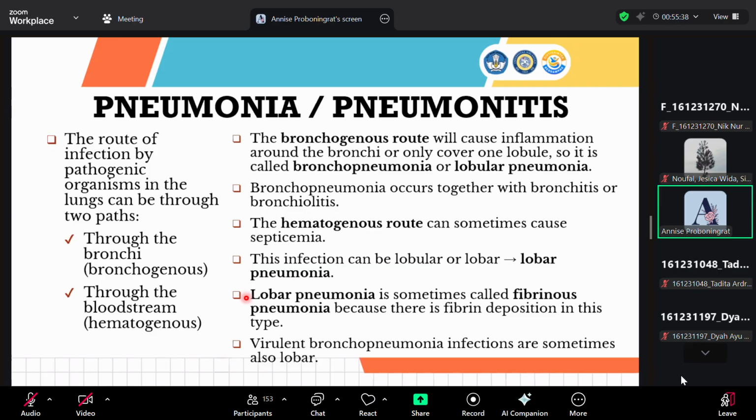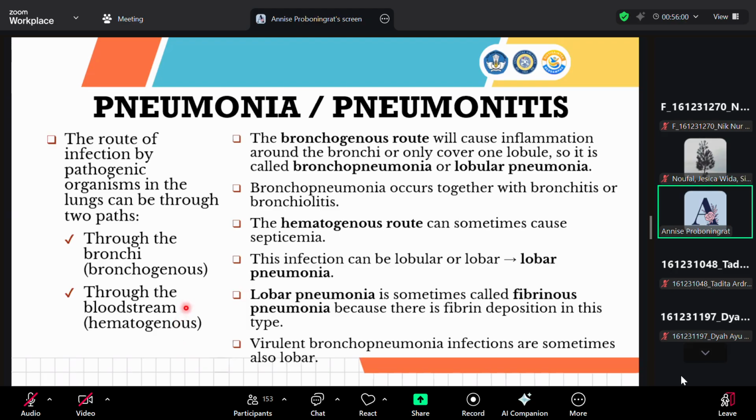The route of infection by pathogenic organisms in the lungs can be through two paths: through the bronchi, bronchogenous or aerogenous, and through the bloodstream or hematogenous from the circulation, systemic infection.